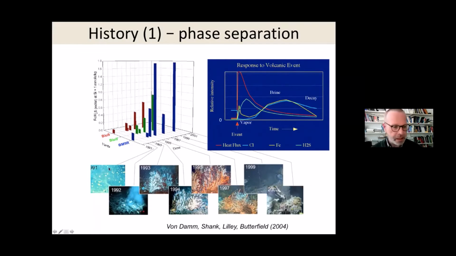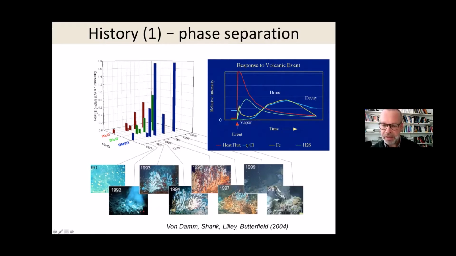And following a volcanic eruption in 91, the first fluids that were sampled at the hydrothermal sites that started to develop right where the eruption took place. What was sampled in the early years, in the early 1990s and mid 1990s, was dominated by vapor.